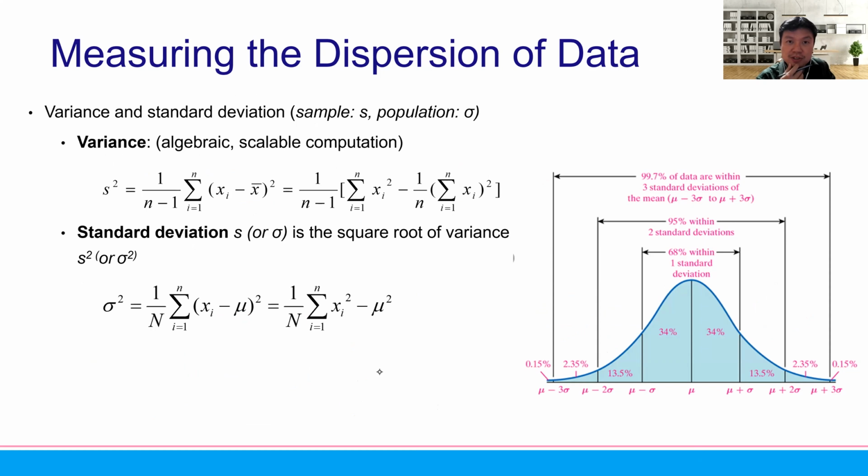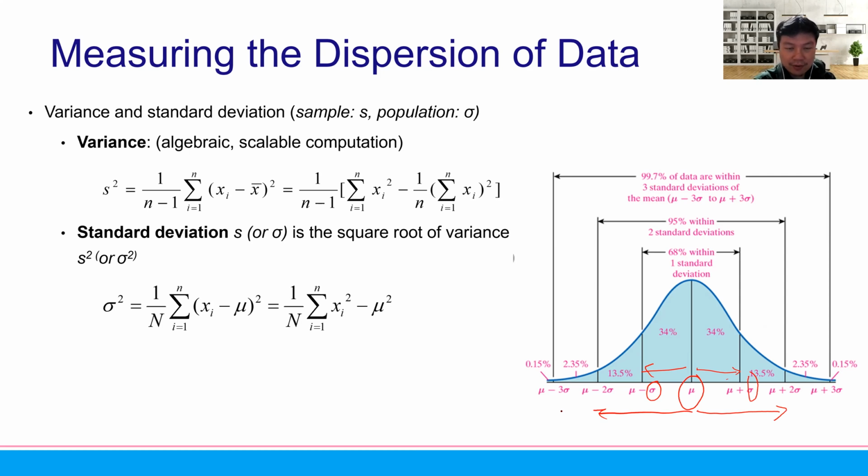In the dispersion of data, you can also measure the variance and the standard deviation. You already learned about the variance and the standard deviation in statistics. They also refer to the dispersion of the data. If we have mu, then the first standard deviation is in the first range of this. If the range is 2 sigma, then it is wider.